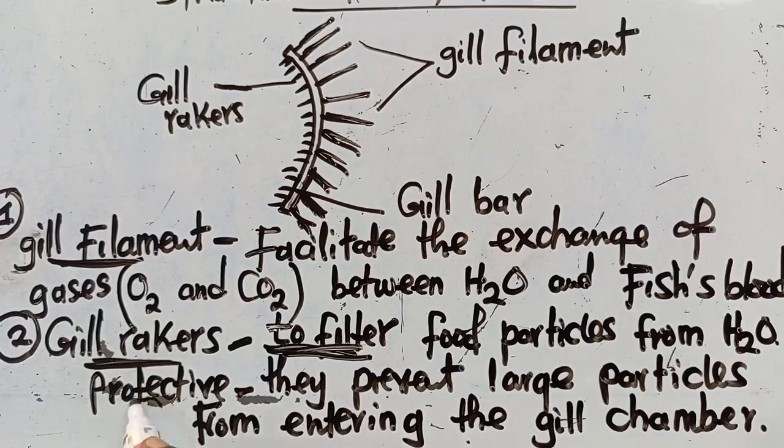And the protective function of these Gill rackers is that they prevent large particles from entering the Gill chamber. So these are the two functions. If you find a question in an exam, you must be able to answer that particular question. So I guess we are moving together and we are able to see how these things happen.